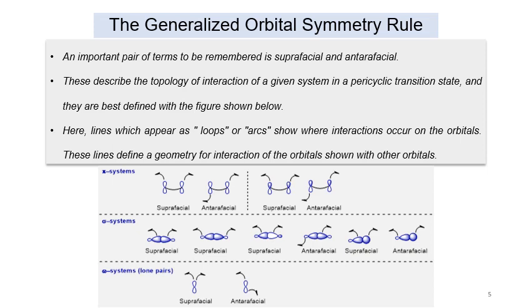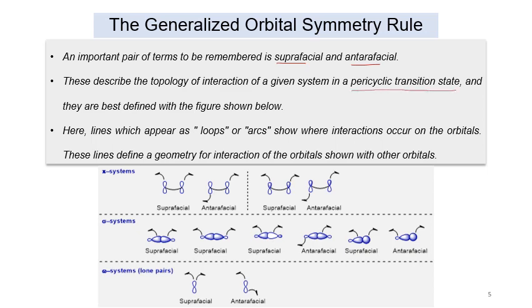Let's now first define the generalized orbital symmetry rules before we move on to electrocyclizations. Very important terms that we need to remember are the suprafacial and antarafacial cyclizations or reactions. These terms describe the topology of the interaction of a given system in a pericyclic transition state.